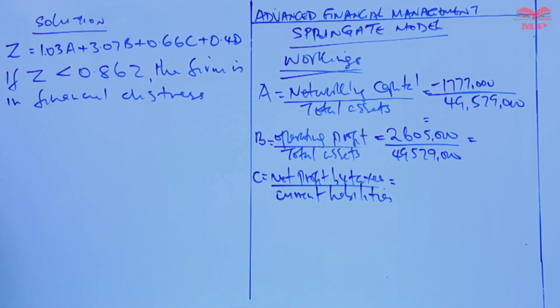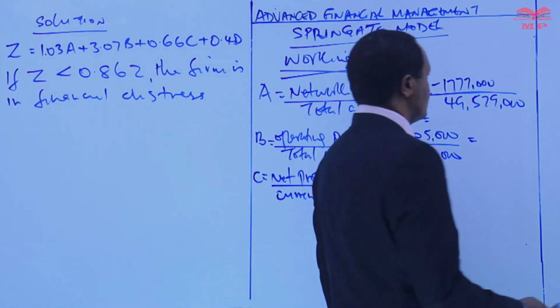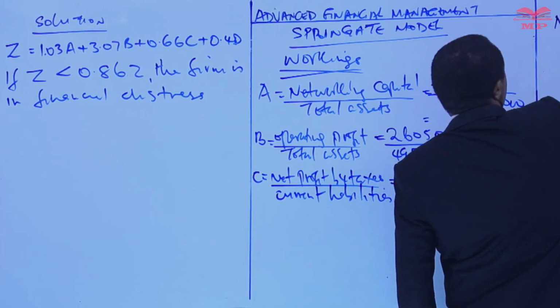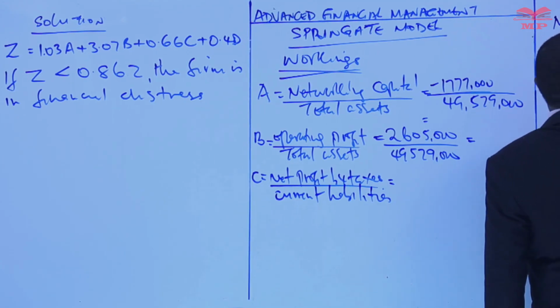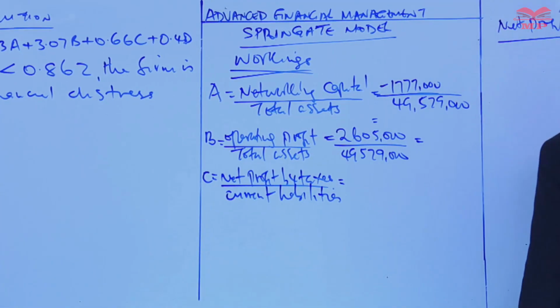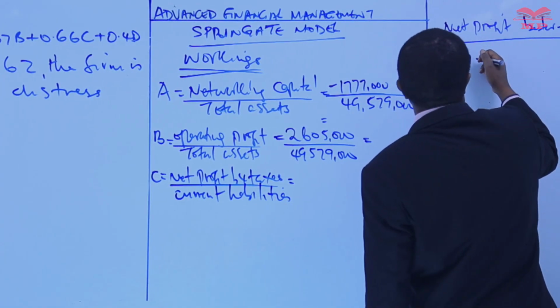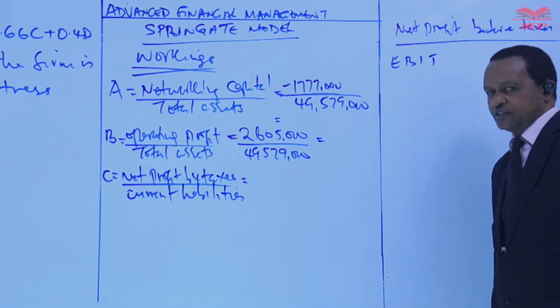John says EBIT minus interest. We have earnings before interest and tax. That is what we have.